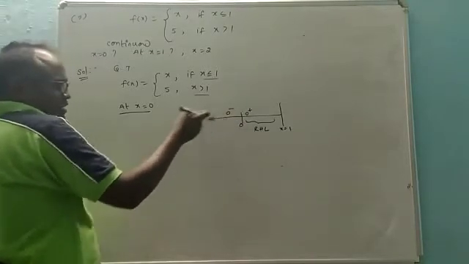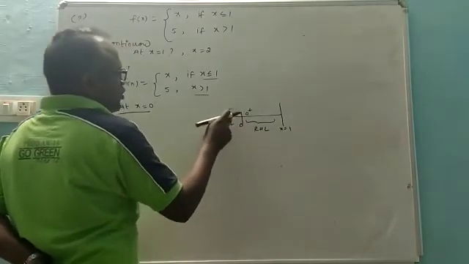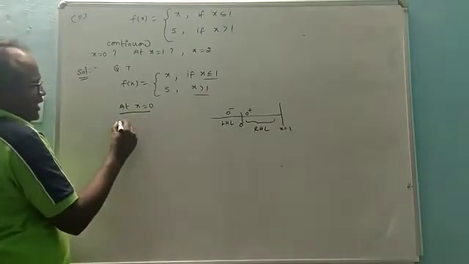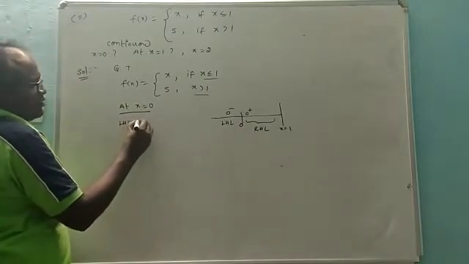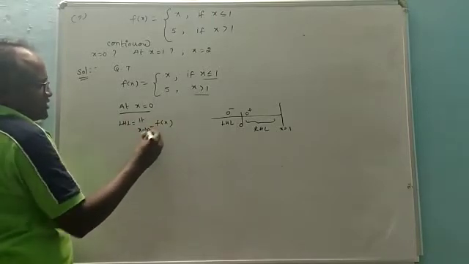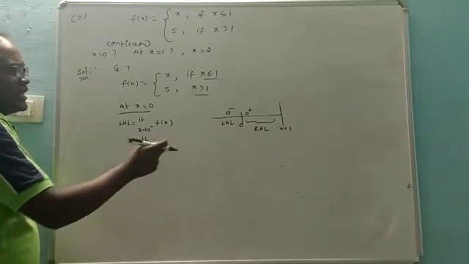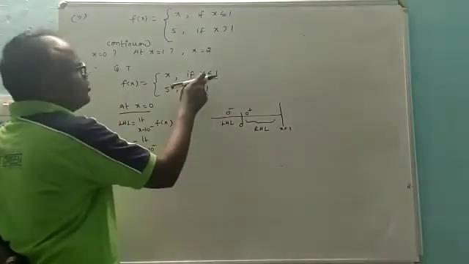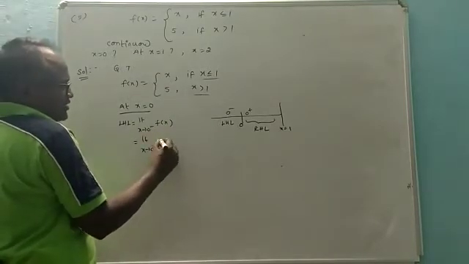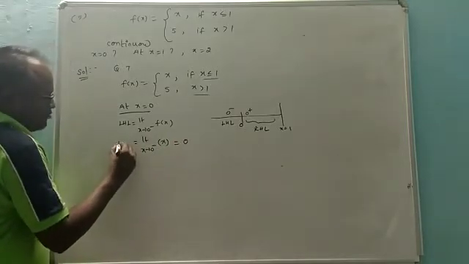So less than value is the left hand limit. Left hand limit is limit x tends to 0 minus f of x. Less than 0 also means the same function x, so substitute 0. Left hand limit value is 0.